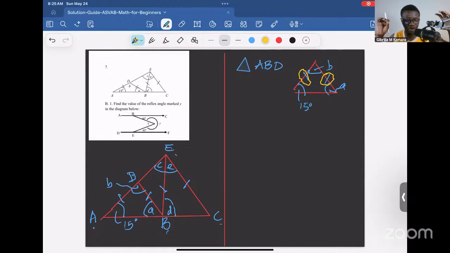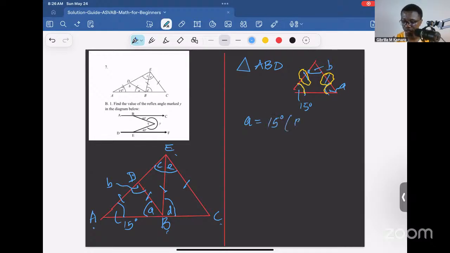For an isosceles triangle, two of the angles are equal, especially the base. So meaning this angle here and this angle here are the same. So we know A is equal to 15 degrees.